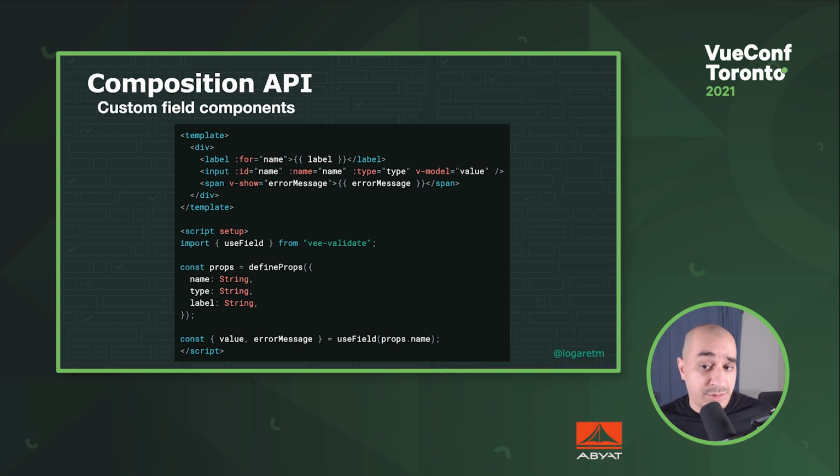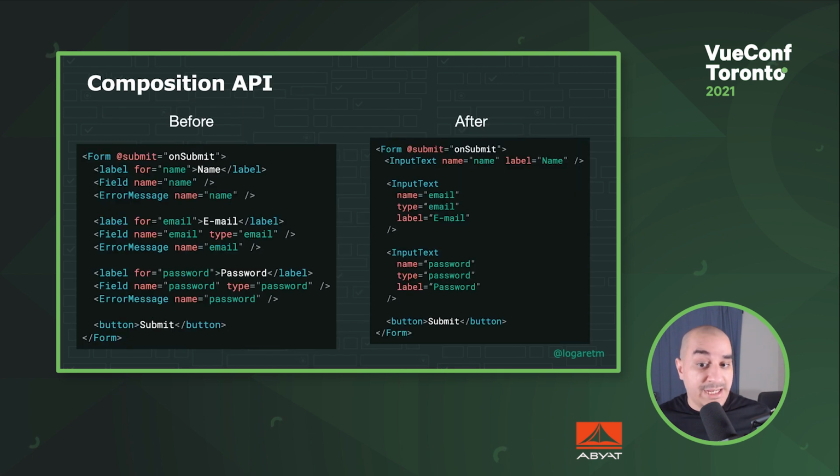And right here, we are doing the two-way binding ourselves because it is no longer done automatically for you, because you opted in to use useField, which is more of a manual way of doing things, but it is also extremely more flexible than the Field component. So once we use it, you can create your own way of declaring your form. For example, instead of having all that markup for 3 fields, now you can have a 3-liner to do the same thing.